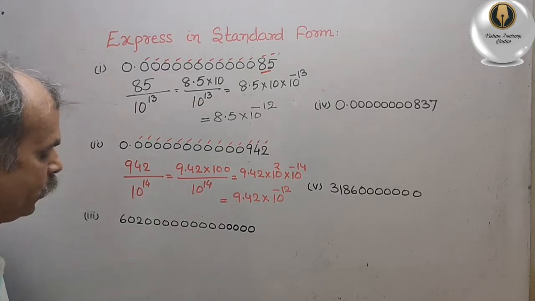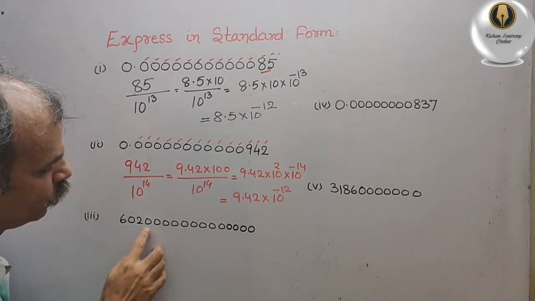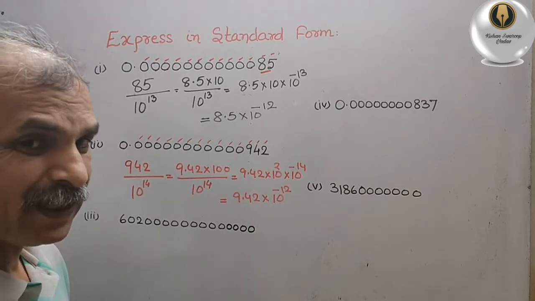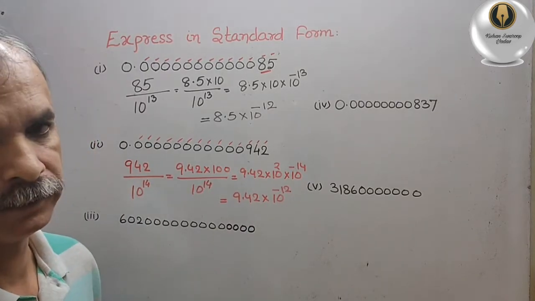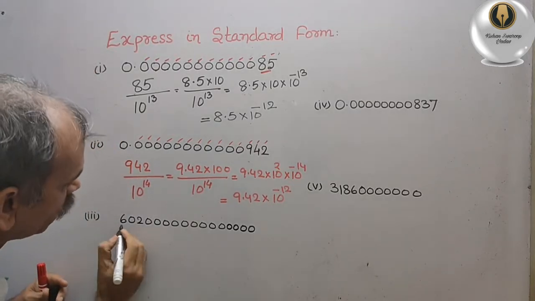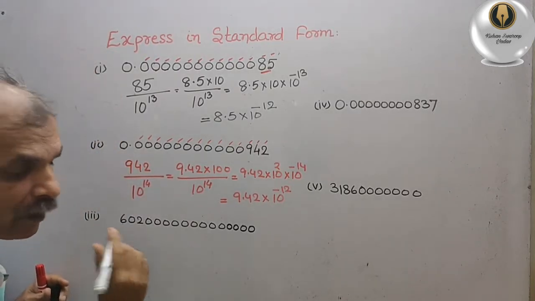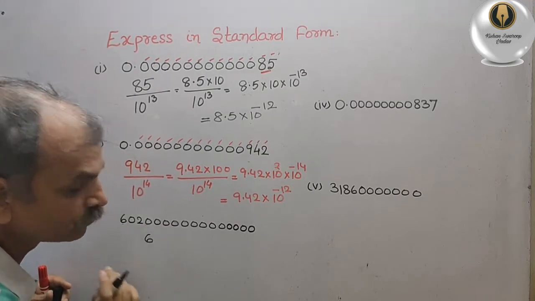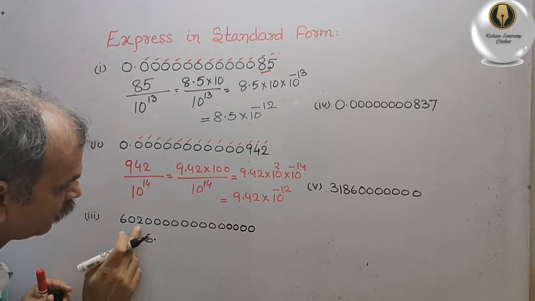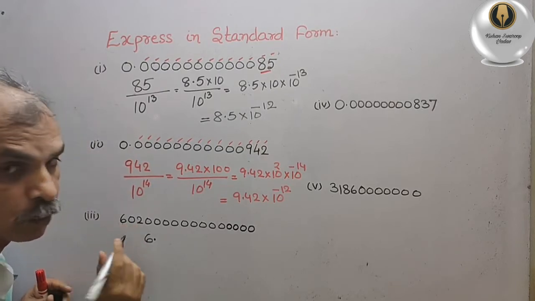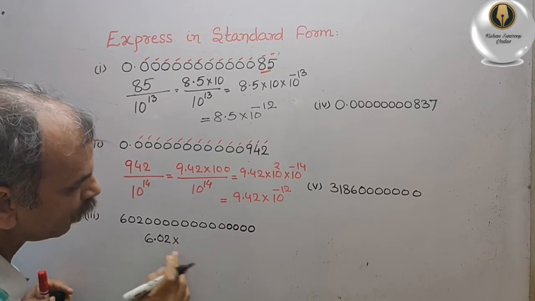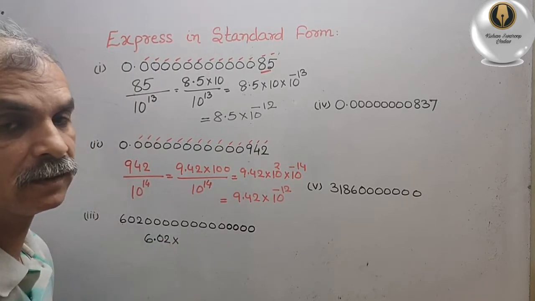Next, 60200000, like that they are given. So in standard form what we have to write? Just what you have to do, just you have to keep 6 at left. 6 point, this is the value 6.02 into, now we have to write 10.